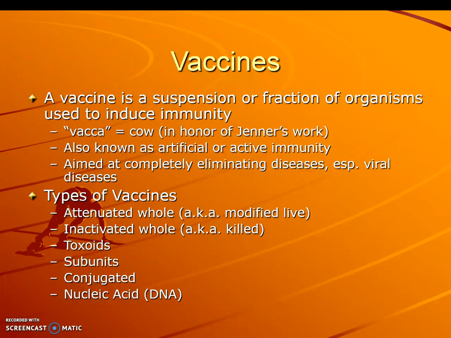Those first two are the two major types. But there are other vaccines known as toxoids, subunit vaccines, conjugated vaccines, and nucleic acid vaccines. So really just a huge diverse group here for vaccines.